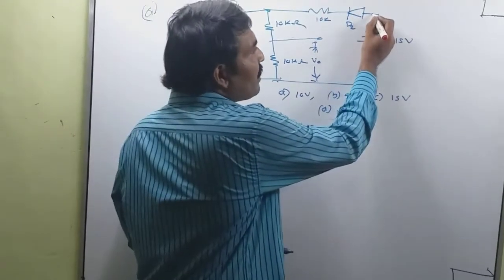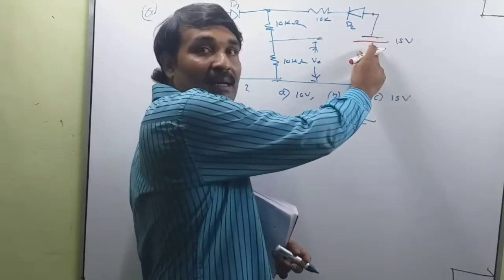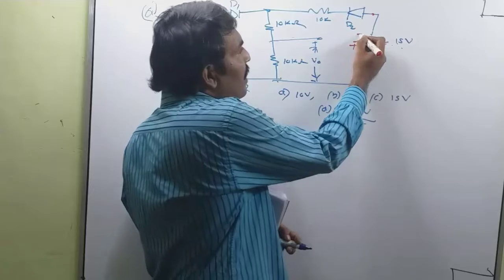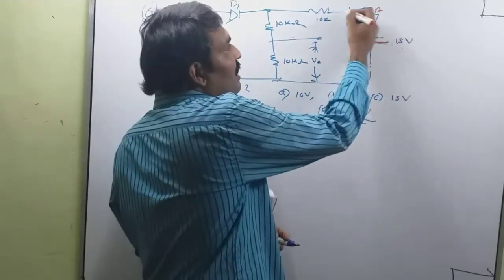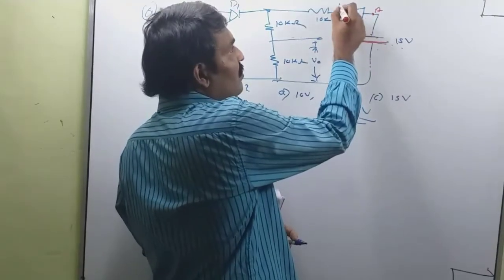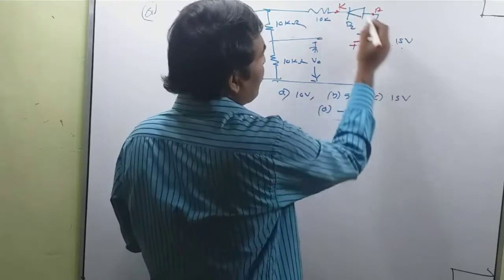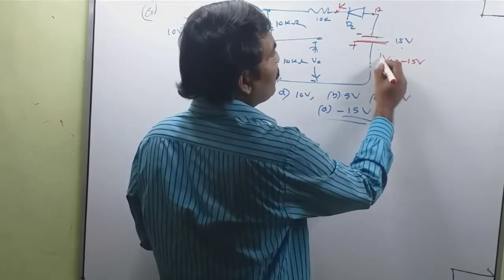The anode of D2 is connected to the negative terminal of the battery. That is, the battery is minus 15 volt. Here it is plus and minus, so it is connected to the negative terminal. The anode is connected to the negative terminal of the 15 volt battery. So like this is VA and VK. VA is equal to minus 15 volt.